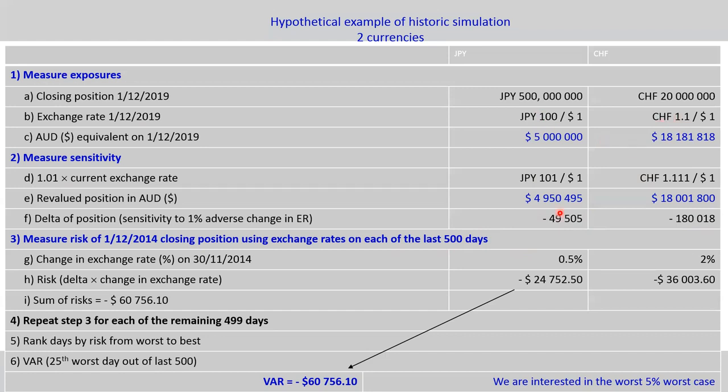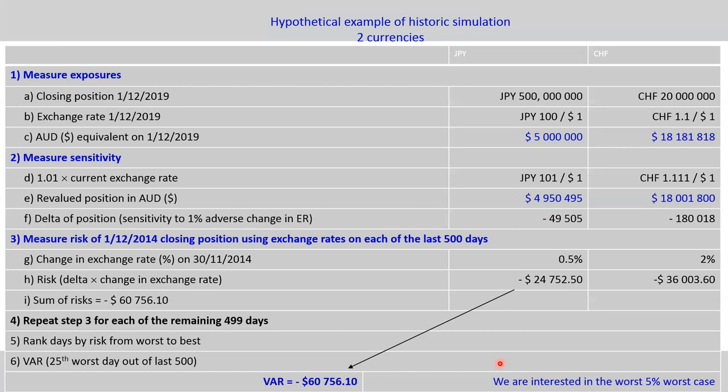How much was the change? And I multiply it by the delta. I have to list it, and then I will have 500 observations. I will sort them and choose the worst 25 days. Why 25 days? Because 25 days represents 5% of the observations, which is the 500 days.